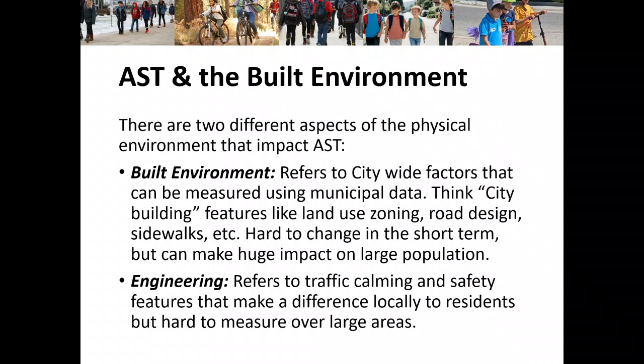So things like curb cutouts, speed humps, minimizing the road width, closing roads down for different periods of time, right? Speed cameras. All these elements are really impactful locally, but they're hard to measure at that big level. So I'm going to take both of those perspectives into account during this presentation. I'm going to start with the larger scale things and then focus on the smaller.